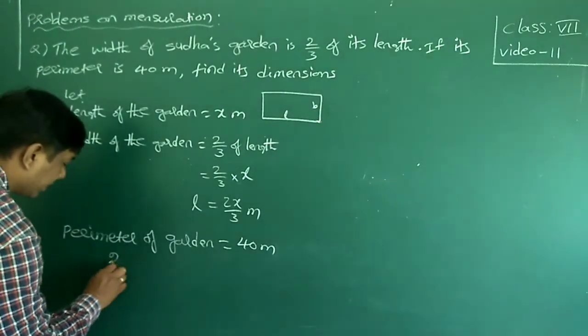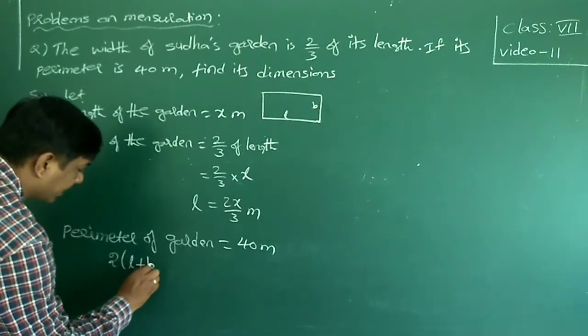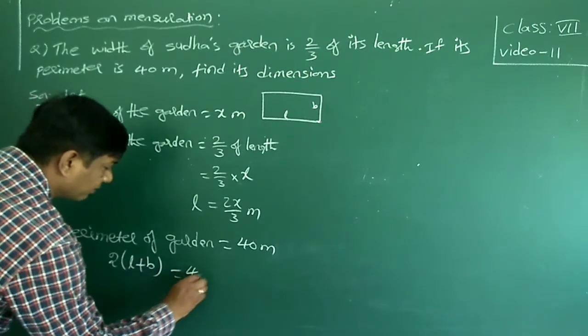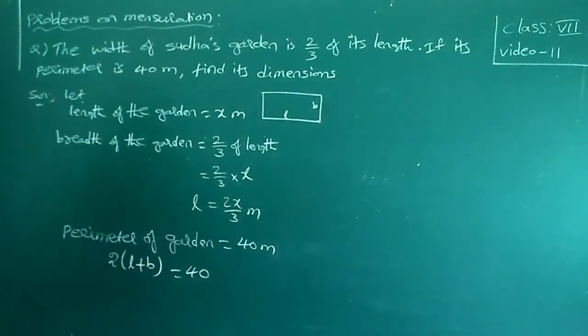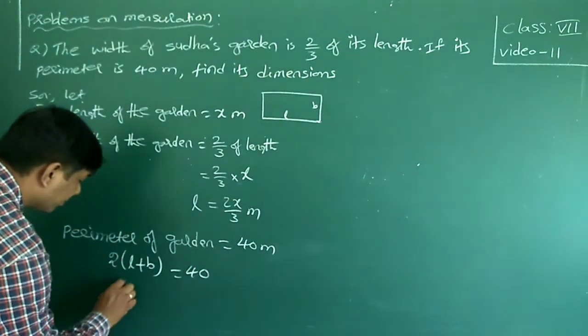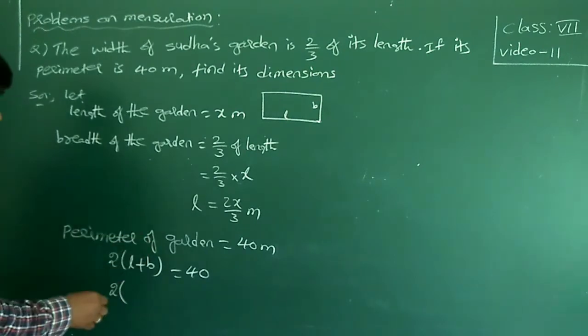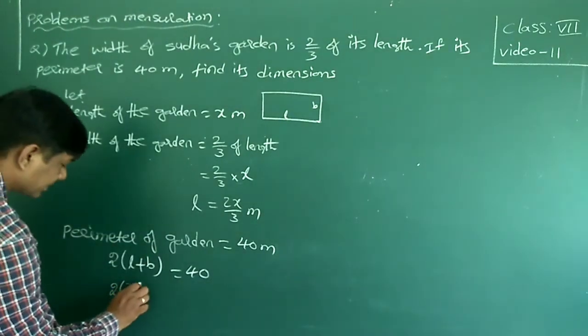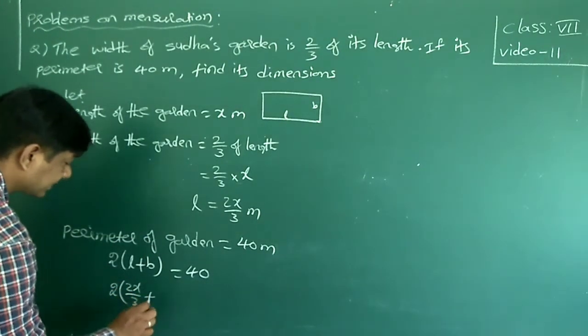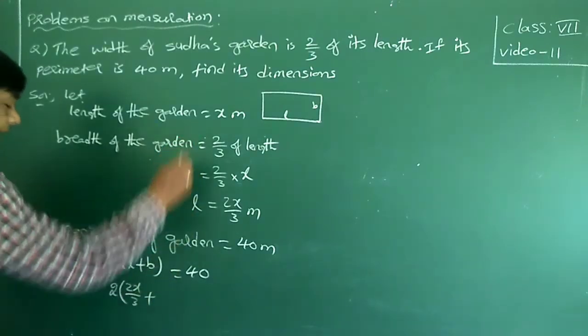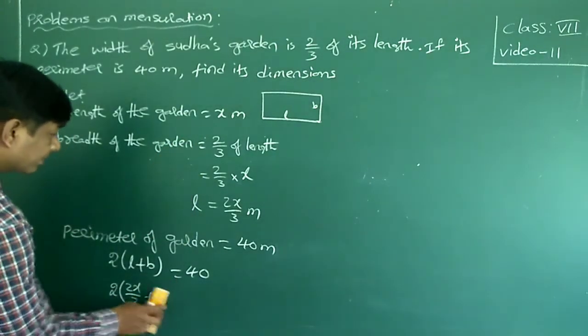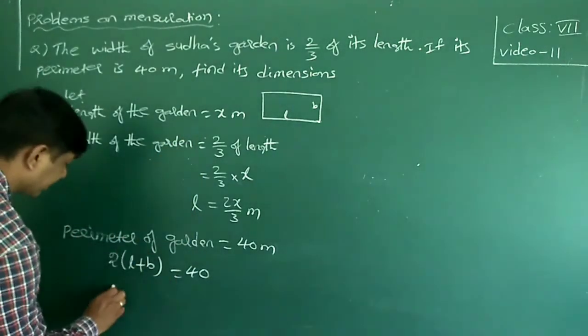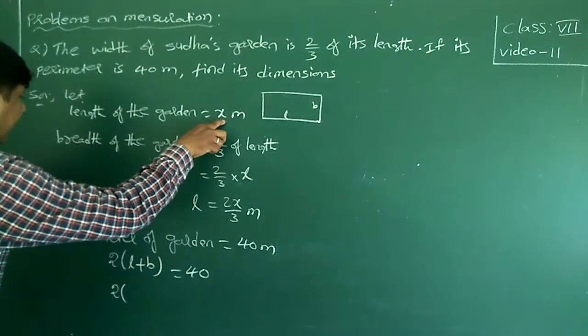Means 2 into L plus B, perimeter formula, is equal to 40. 2 into L plus B. Now 2 into L is nothing but, sorry, L is x.